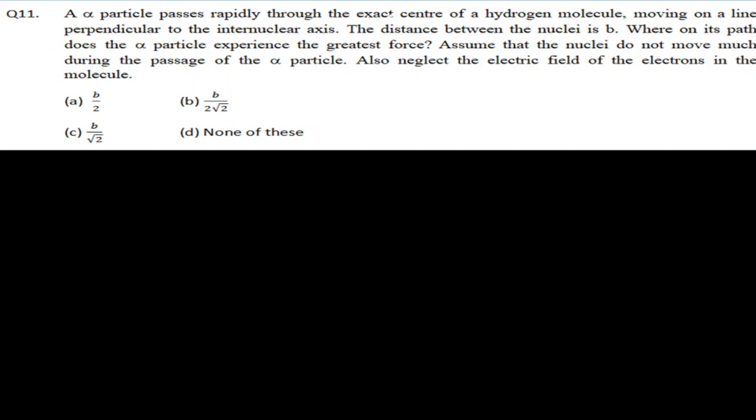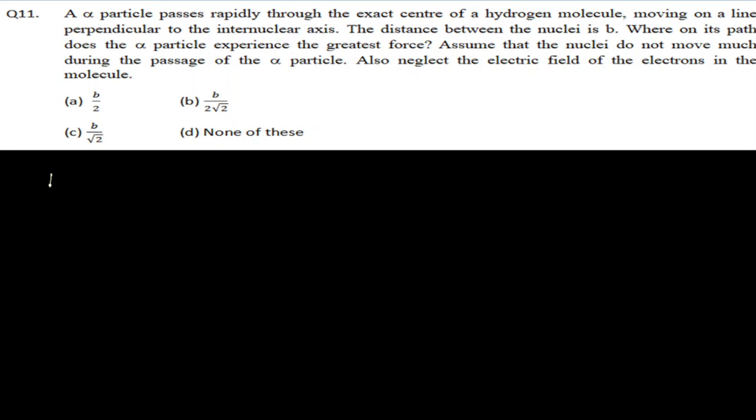The distance between nuclei is b. Where on its path does the alpha particle experience the largest force? Assume that the nuclei do not move much during the passage of the alpha particle. Also neglect the electric field of the electron in each molecule.